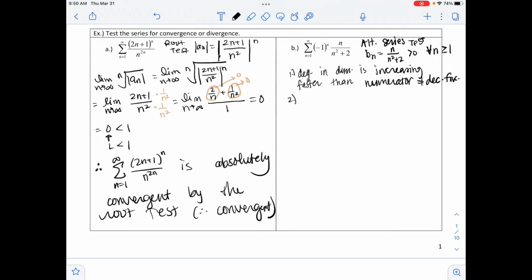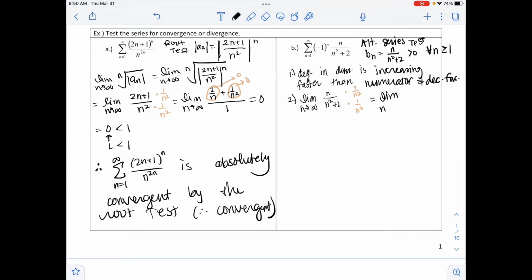The second thing that we needed to show was looking at the limit as n approaches infinity, and this needs to equal 0. And so we have n over n squared plus 2. Evaluating this limit, it is indeterminate. You'd have infinity over infinity. So multiply both the numerator and denominator by 1 over the degree of the denominator, which is 1 over n squared.